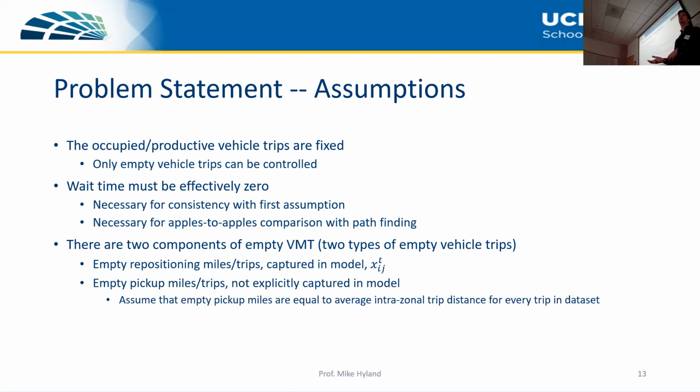Even if you do a good job of repositioning your vehicles throughout the day to make sure they're near where trips are going to occur, once the request comes in on the smartphone, the vehicle still has to move a little bit to pick up that trip. So this model does not explicitly capture this portion of empty vehicle miles traveled, but we have a way to add this in to get better estimates of the total empty vehicle miles traveled across these 2 types of EVMT.